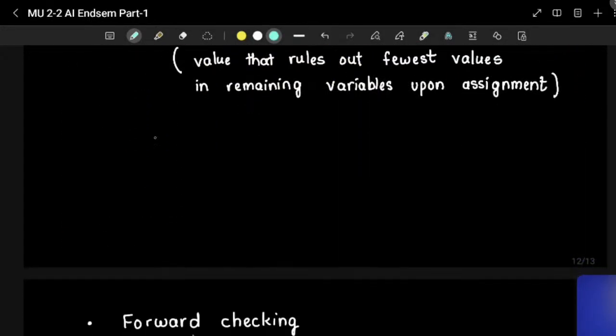If you remember the search tree, you start with no assignments, and then you assign one variable some value. You'll check if the assignment is consistent or not. Then you will assign one more variable, then check if all the assignments are consistent or not. And if they are not, you will leave that branch and go to a new path, and keep exploring.